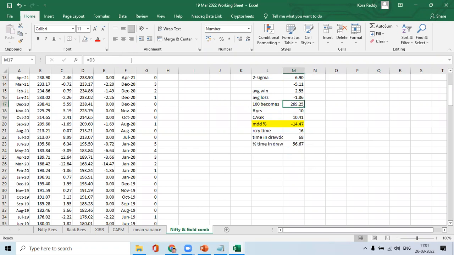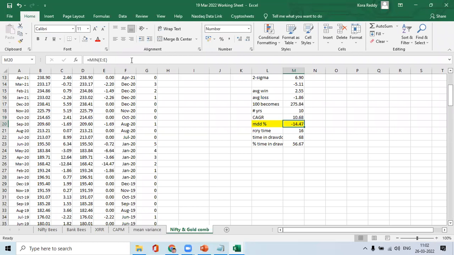So 100 becomes, you can read now. So your 100 becomes how much? 275.84. And we are in the market for 10 years. And our CAGR is how much? That is 10.7%.